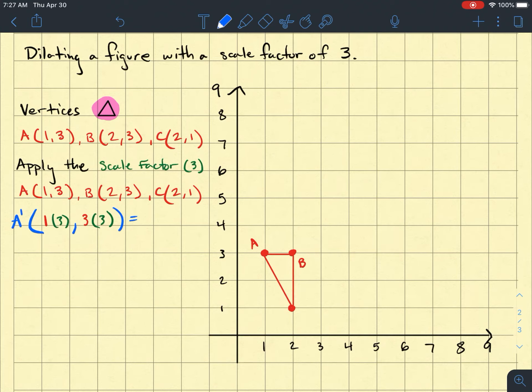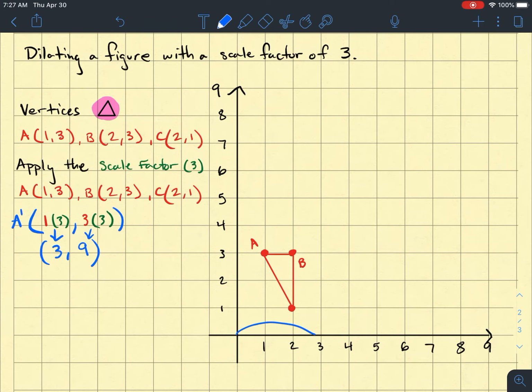So what is our A prime going to be? Well, what is 1 times 3? 3. What is 3 times 3? 9. So now you have your A prime.